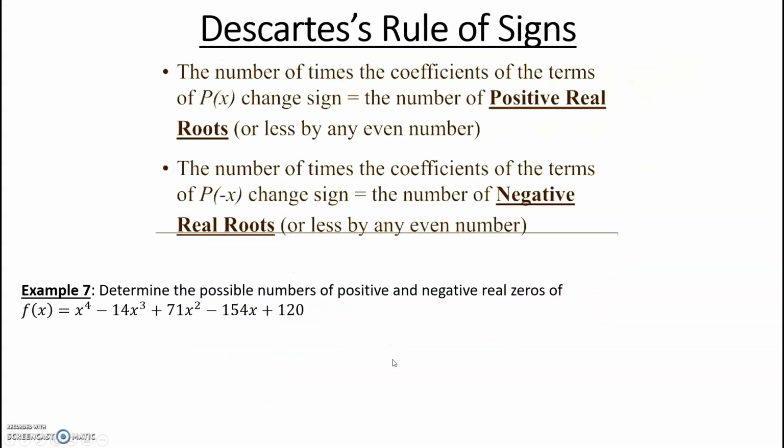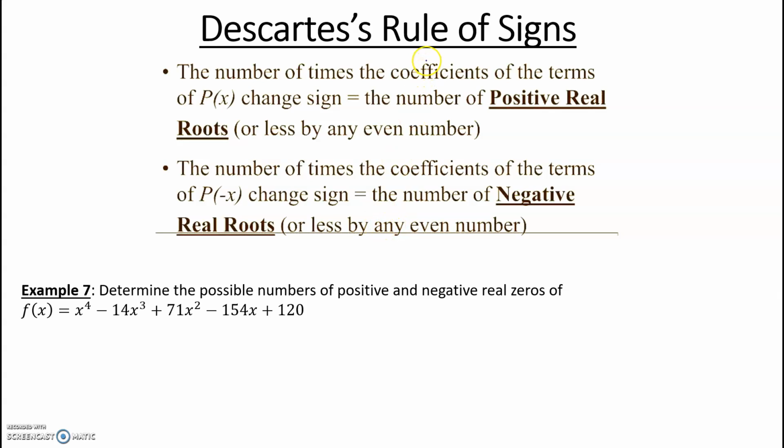All right. And then the last one is Descartes' rule of signs. So Descartes' rule of signs would have been really beneficial to know in the first part. So what this rule tells you is about your roots and how many you could potentially have, how many positive and how many negative.